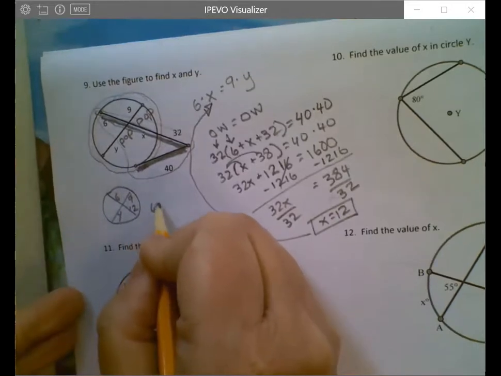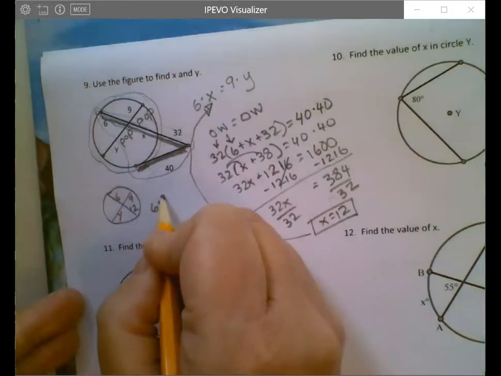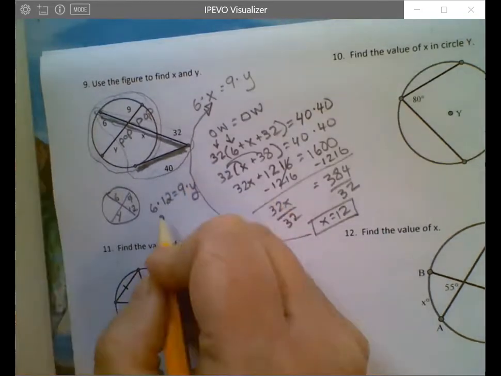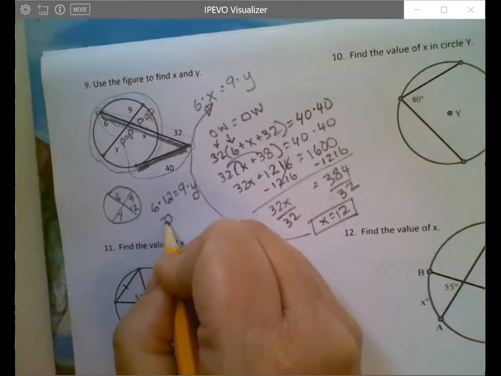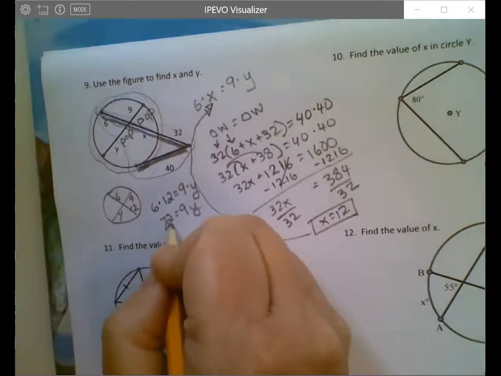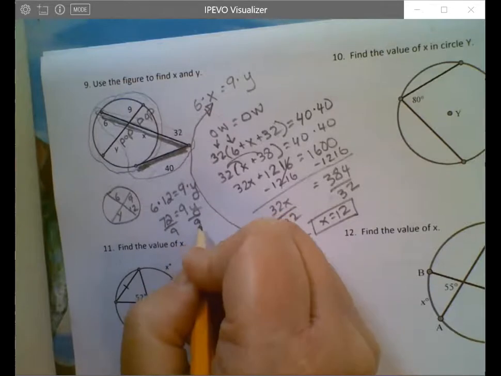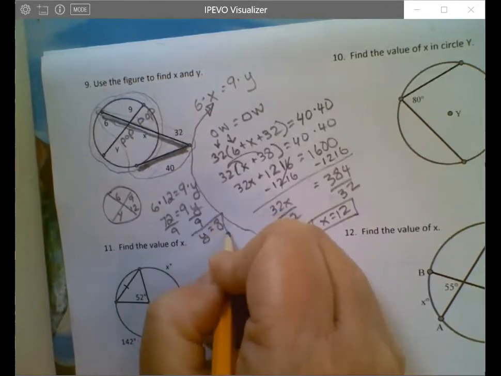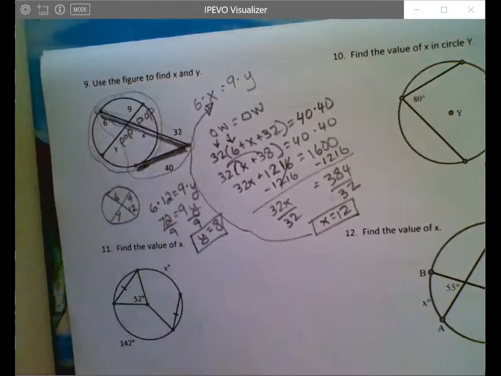So using pop, pop, 6 times 12 equals 9 times y. 6 times 12 is 72. 9 times y is just 9y. I'm going to divide by 9, and I get that y equals 8. And that's it.